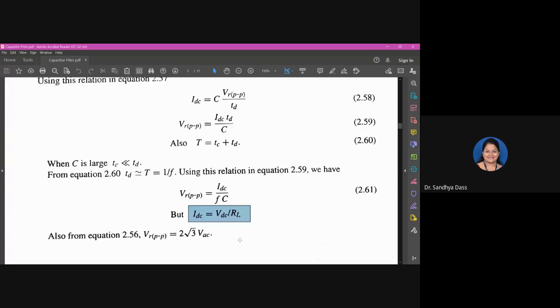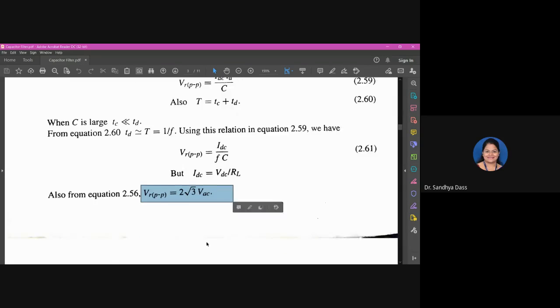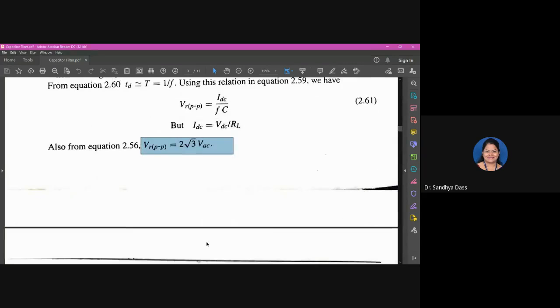VDC by RL. And also in the beginning, considering the triangular waveform, we saw the RMS voltage, VAC. It was the ratio of VRPP by 2 root 3. So VRPP will be equal to 2 root 3 into VAC. So substitute that in the above equation.